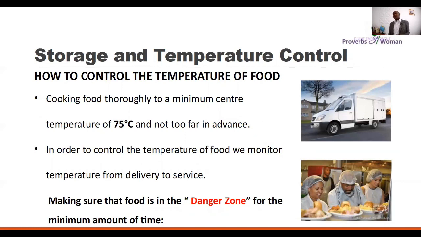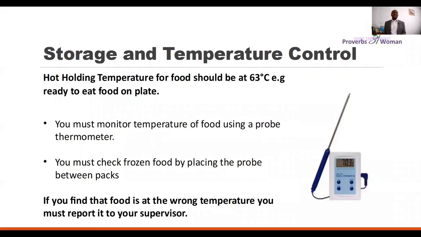Now, in order to control the temperature of food, we monitor temperature from delivery to service. So we normally have these small apparatus, small machines that we use to make sure we monitor the food. Okay, so we must monitor the temperature of food using this machine we call a thermometer. Okay, it's a probe thermometer.